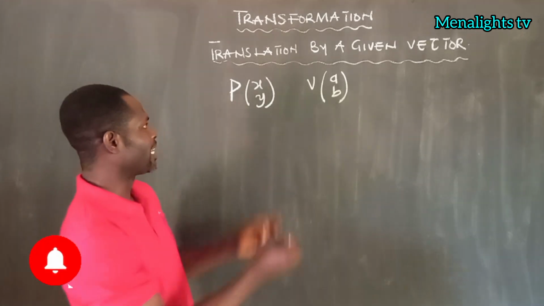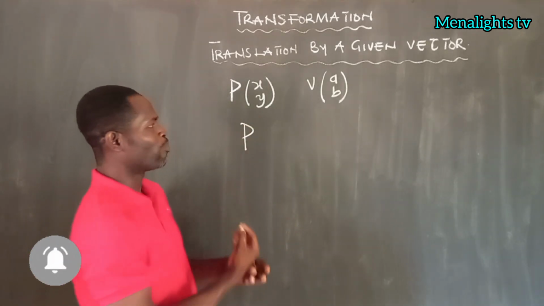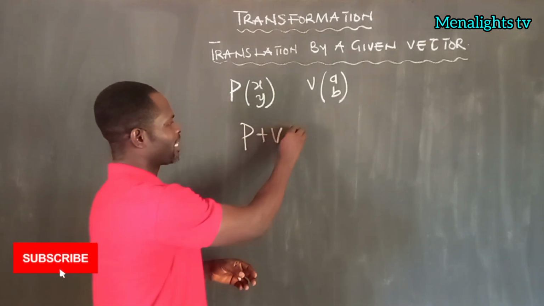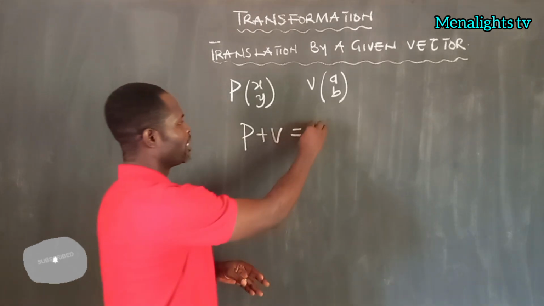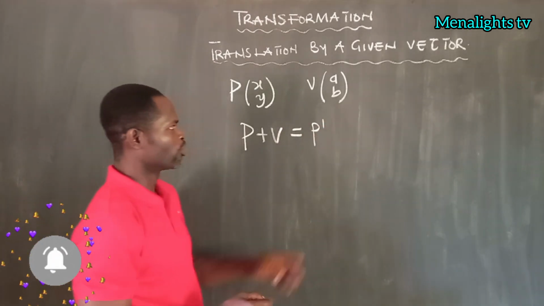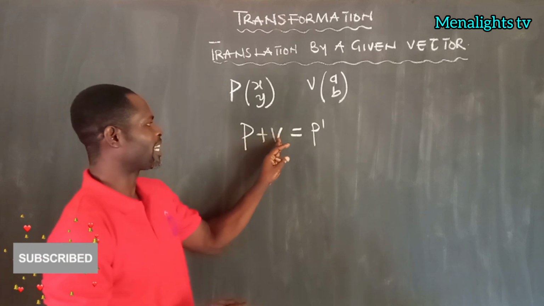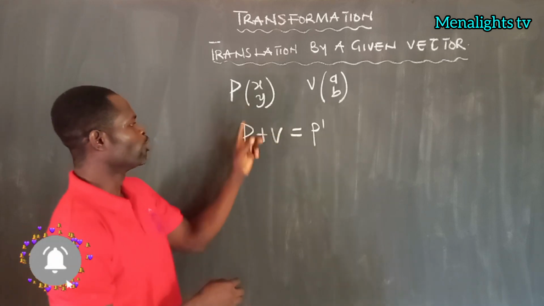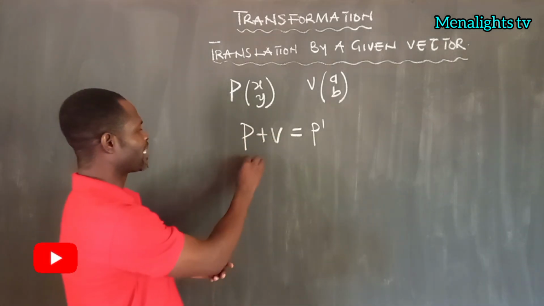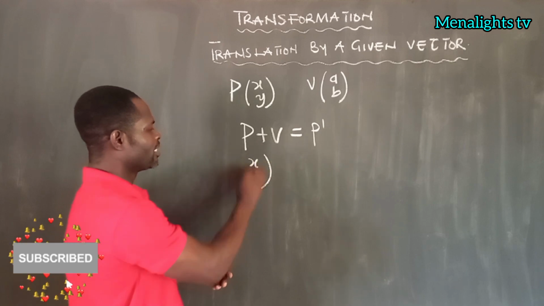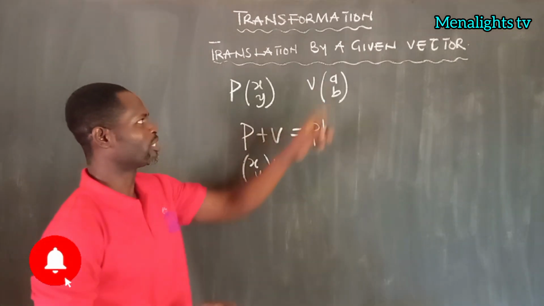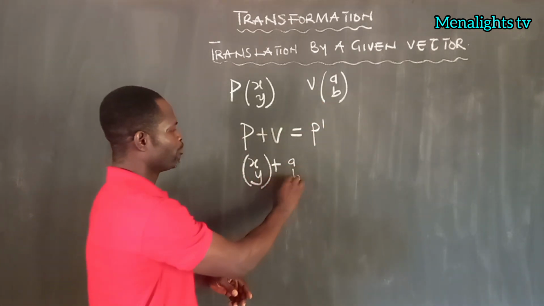So here we can say that P, which is the point, plus the vector is equal to P image. So this is the image. For us to get the image, we need to add the vector to the point. So the point P is (x, y), plus the vector coordinates, which is (a, b).